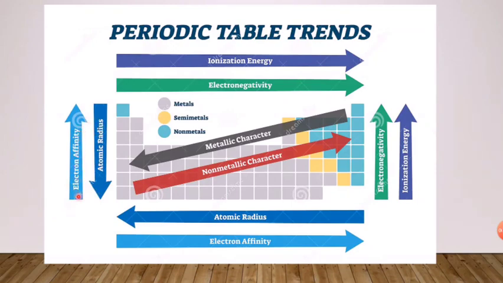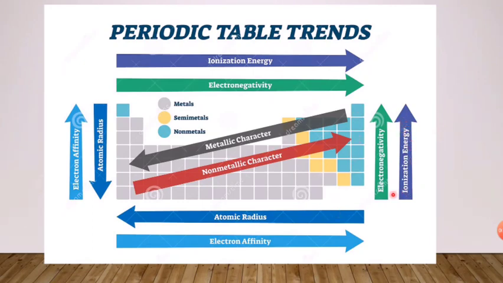Here it is given as increasing, but it's actually decreasing when we move from top to bottom. When moving from left to right, atomic radius decreases and electron affinity increases. Electronegativity and ionization energy decrease as we move from top to bottom.